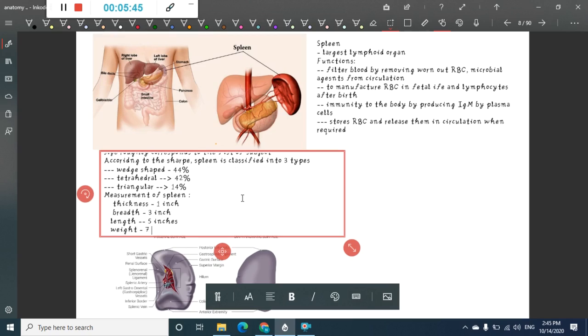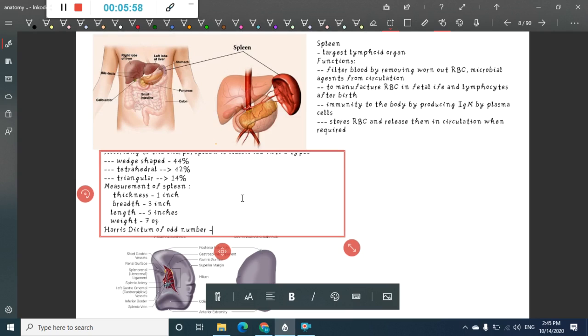So it has a pattern 1, 3, 5, 7, and this is called Henry's dictum of odd numbers: 1, 3, 5, 7. Then we have 9 and 11.